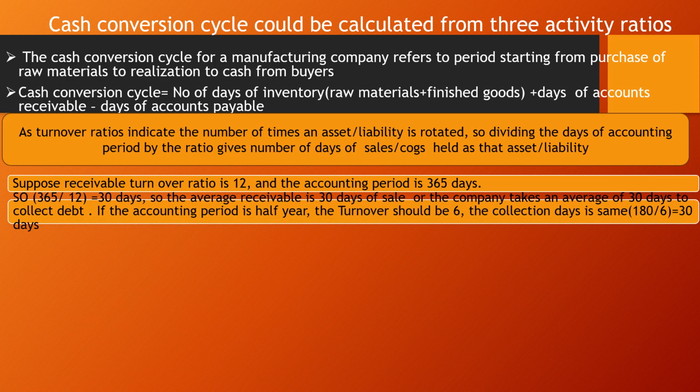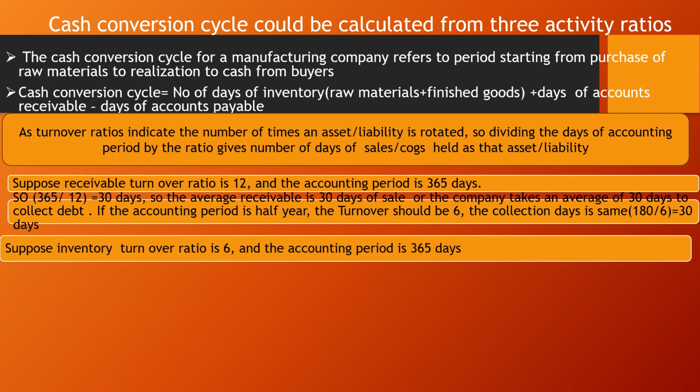So the average receivable is 30 days of sale, or the company takes an average of 30 days to collect the debts. Now, if the accounting period is half year, the turnover should be 6. Then the collection days remains the same, that is 180 divided by 6 equal to 30 days. So both ways it gives the same answer, even if we change the accounting period.